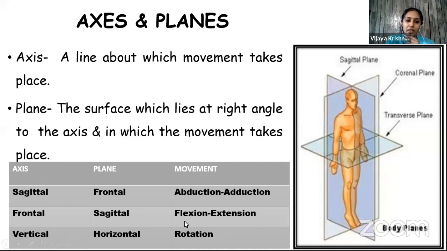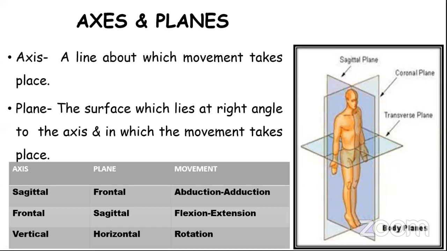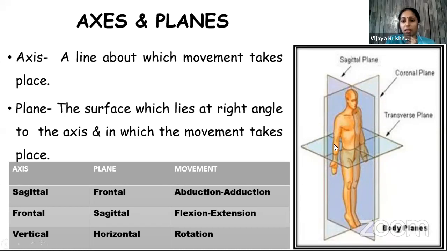The next is the vertical axis, horizontal plane, where rotations happen, meaning internal and external rotation. Here you can see the axis. This is the vertical axis and the horizontal plane where the rotations happen. So these are the axes and planes along which movement happens.